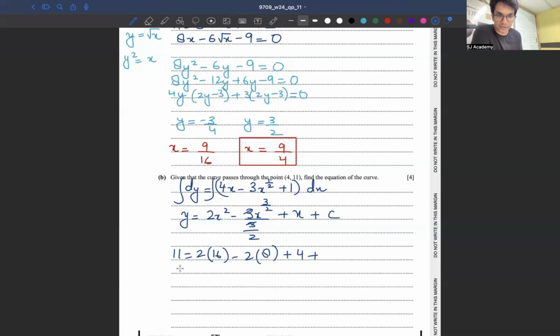So 11 equals 32 minus 16 plus 4 plus c. So 11 equals 16 plus 4 is 20 plus c, and the value of c will be equal to minus 9. So the final equation will be y equals 2x squared minus 2x to the power 3 by 2 plus x minus 9.